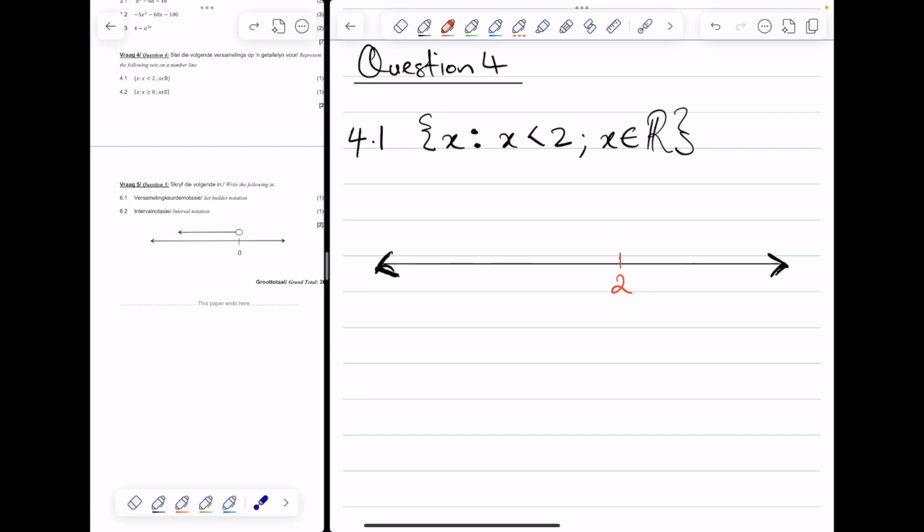This is all about recognizing what number set you're working with. In other words, what's the family that we're dealing with here? It's real numbers, and then the restriction. Is it less than, greater than, less than or equal to, or greater than or equal to, because they imply certain things. Let's go over a few basics.